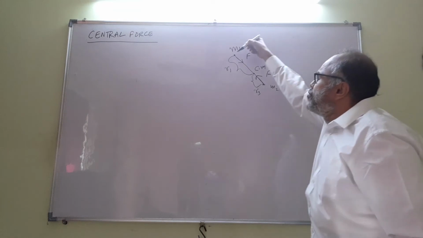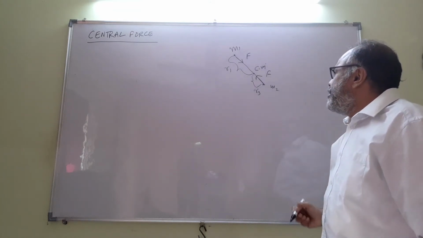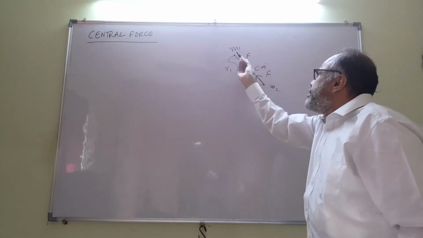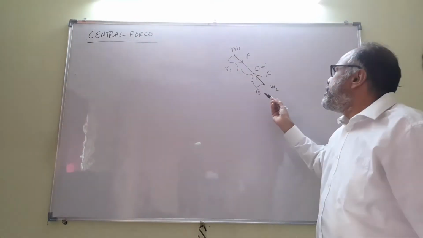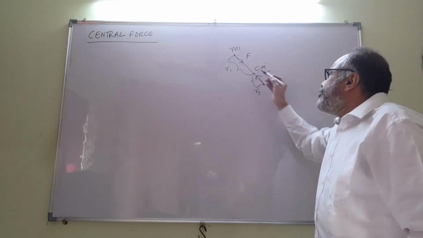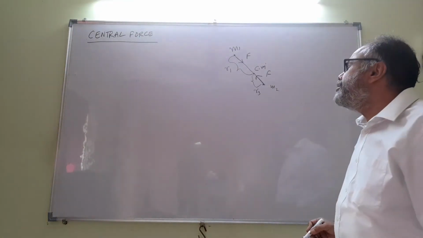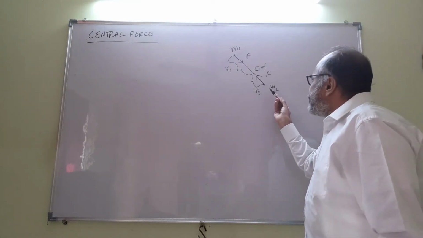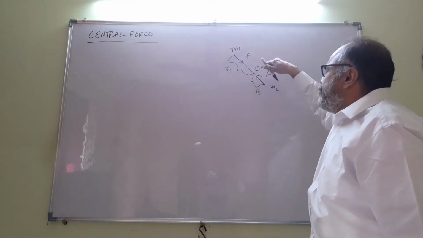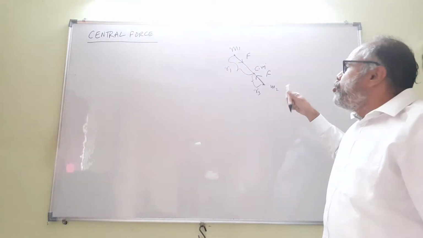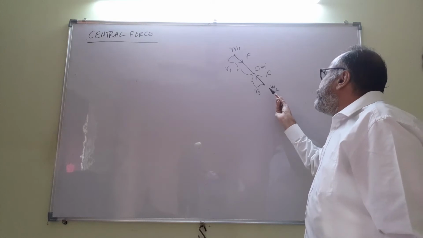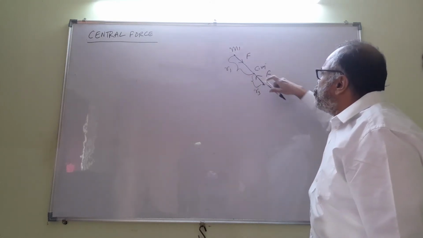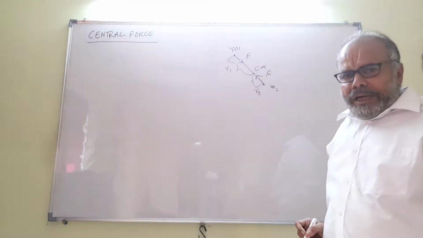Now supposing these two masses were at rest, they would move towards each other along the straight line joining them, and they would collide at the center of mass. Also, if their initial velocities were not zero but pointed in the direction of the line joining the two, still they would collide at the center of mass.